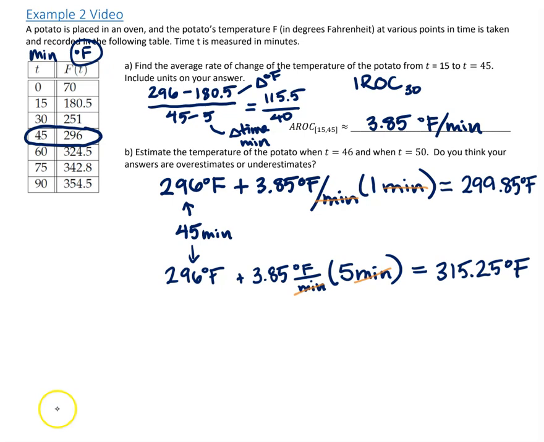these approximations. Okay, the last part of this question is, do we think our answers are over or under estimates? So if you look back at this table, this is just rough, but what I notice is we go up from 70 to about 180, which is roughly 110. And then we go from 180 to about 250, which is roughly 70.